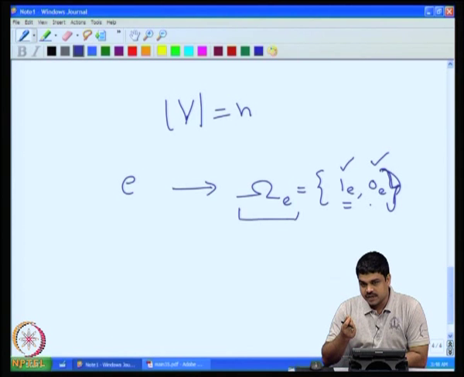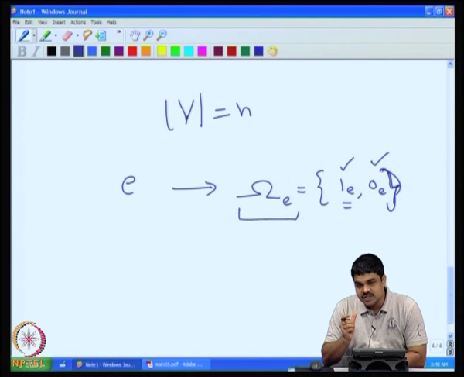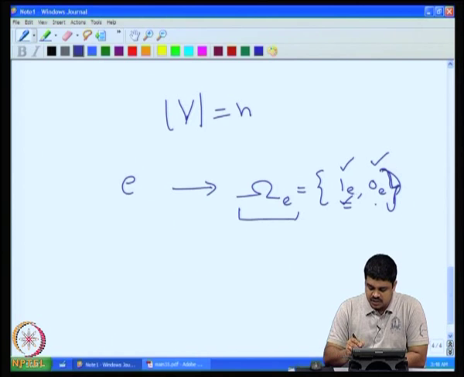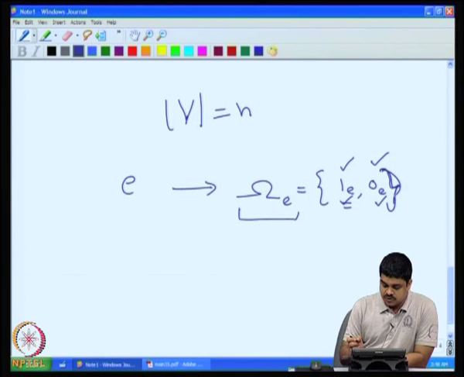For instance, it is like thinking that there is a coin associated with a given edge e, and when we toss that coin, if the head turns up, we will allow that edge to be present in the final graph, otherwise we will not allow that. So the event that the head occurs corresponds to 1 e, the event that tail occurs corresponds to 0 e, and we also have to give the probability values.